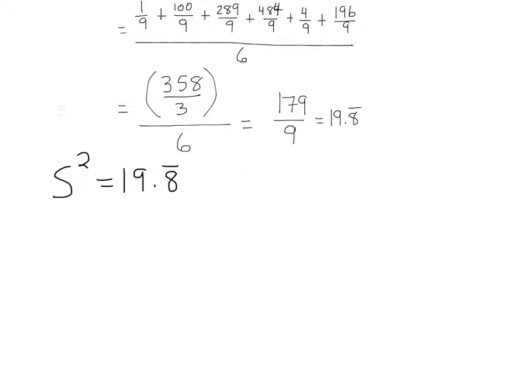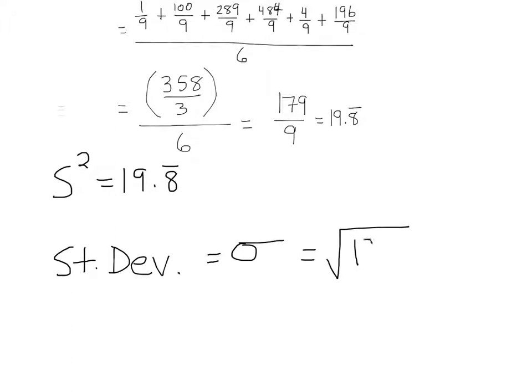Now, if you want the standard deviation, what do you do to the variance? I don't divide it, I square root it. So my standard deviation, which we normally represent with the symbol sigma, is the square root of 19.8 repeating. The way I'm going to do that is use the fraction, the square root of 179 over 9.